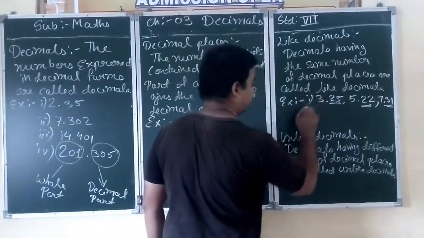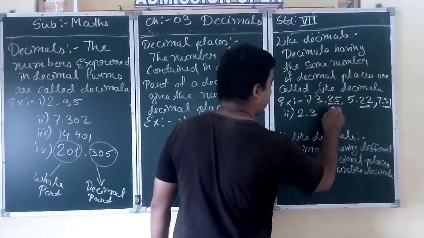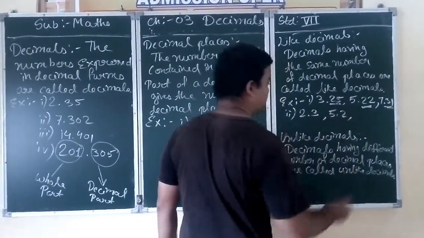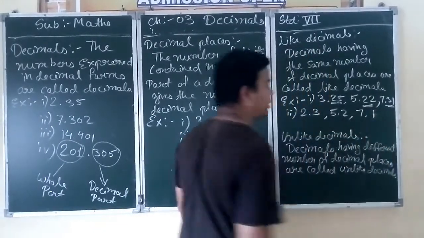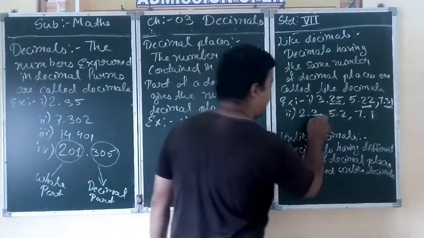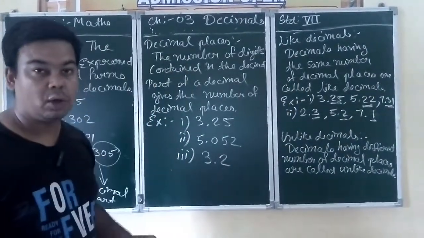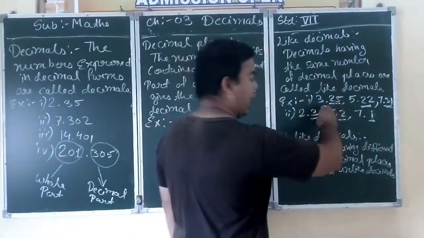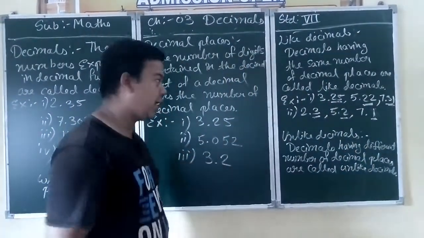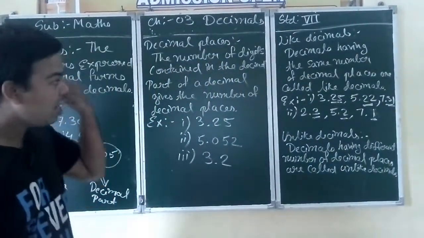More examples: 2.3, 5.2, 7.1. Only tens. So these are called like decimals.